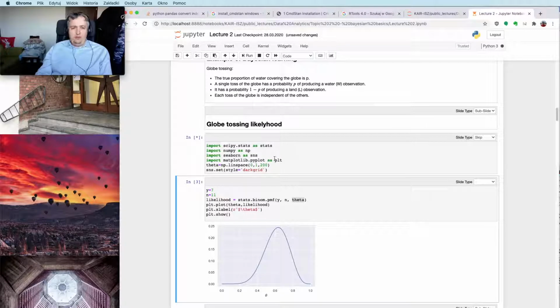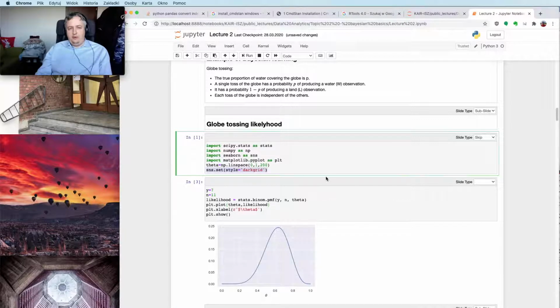For this purpose, I'm assigning values of theta as linear values between 0 and 1 in 200 points, so it will look nice when plotted, using the dark grid Seaborn style.